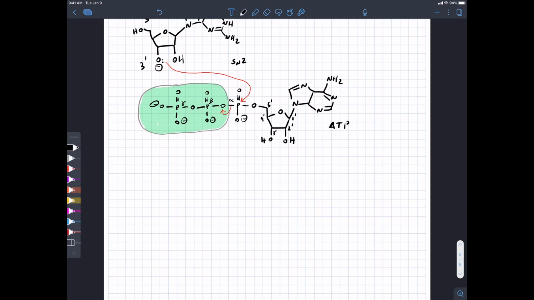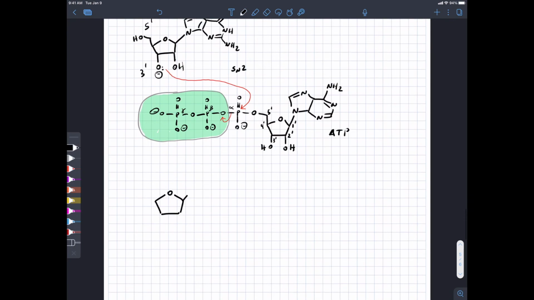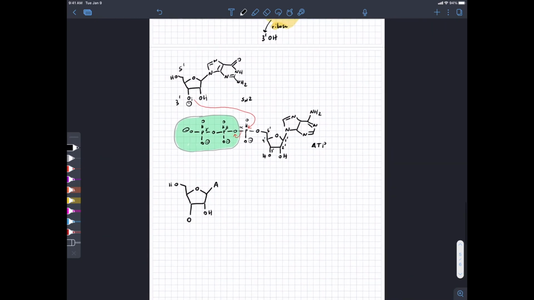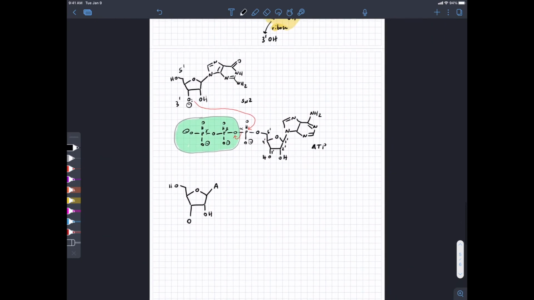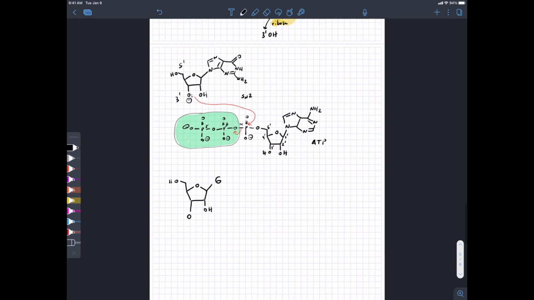When we do that, and now I'm going to abbreviate. We're going to have the adenine base there, the 3' hydroxyl here. The oxygen from that, oh, it's a G there, isn't it? Sorry about that. The oxygen there is going to be bonded to the phosphorus.